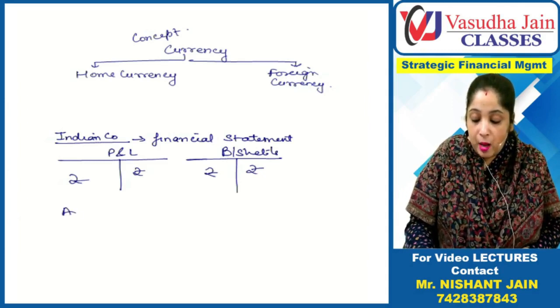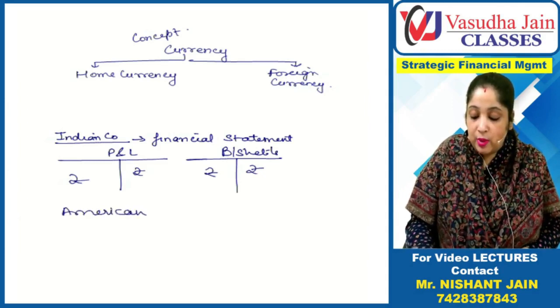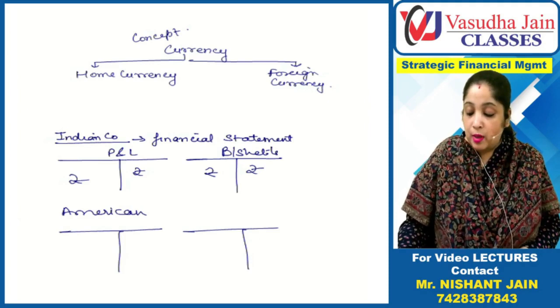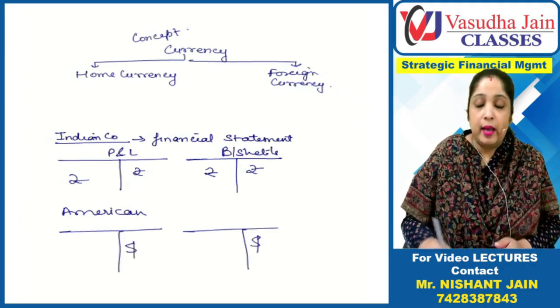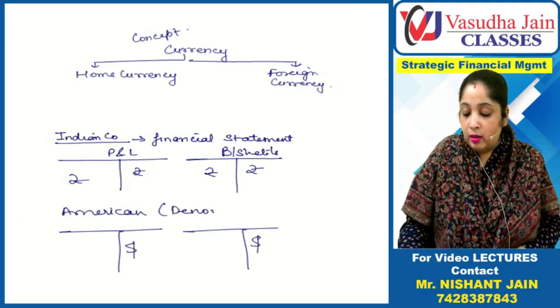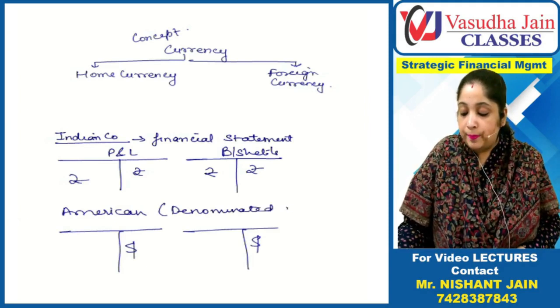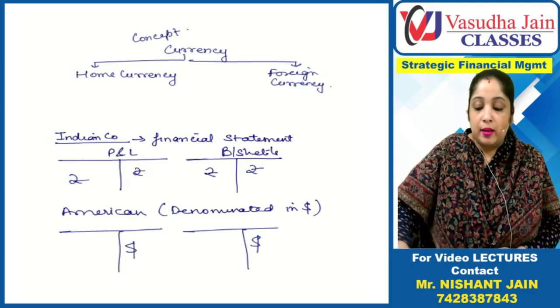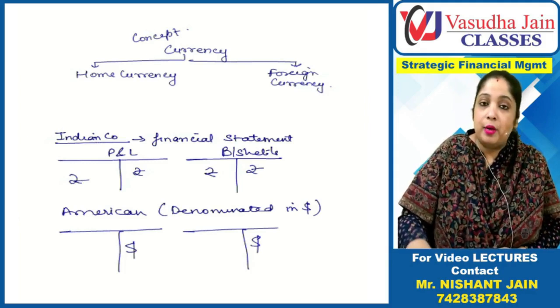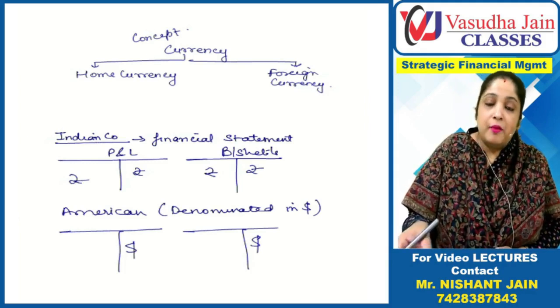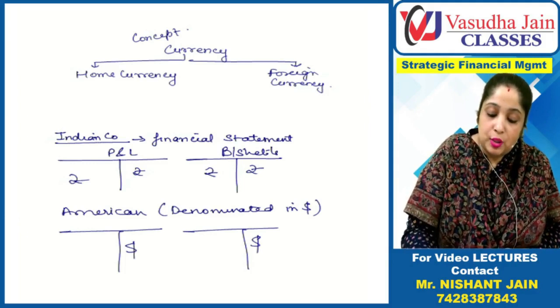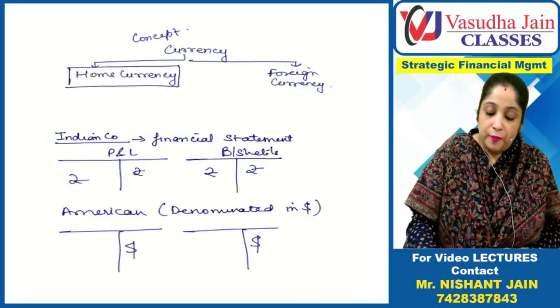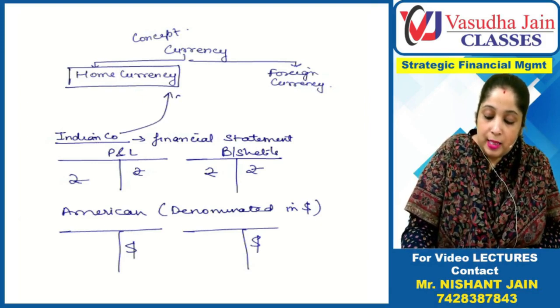If it is an American company, then financial statements will be prepared as per dollars. It will be denominated in dollars, the financial statements. So for Indian company, the financial statements are prepared in rupees. Whatever currency the financial statements are prepared in, that is called home currency. So for Indian company, the home currency is rupees.